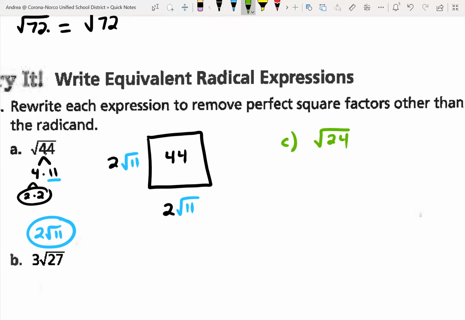So it multiplies to 24. 6 and what? 6 and 4. Oh, good. 4 is a perfect square. So I have 2 times 2. 6 is not, but I can still factor it. 3 times 2.